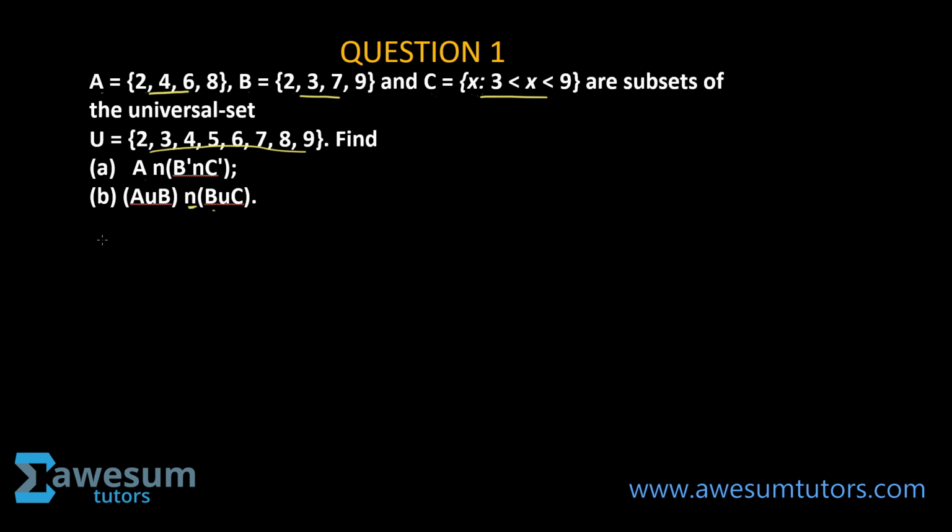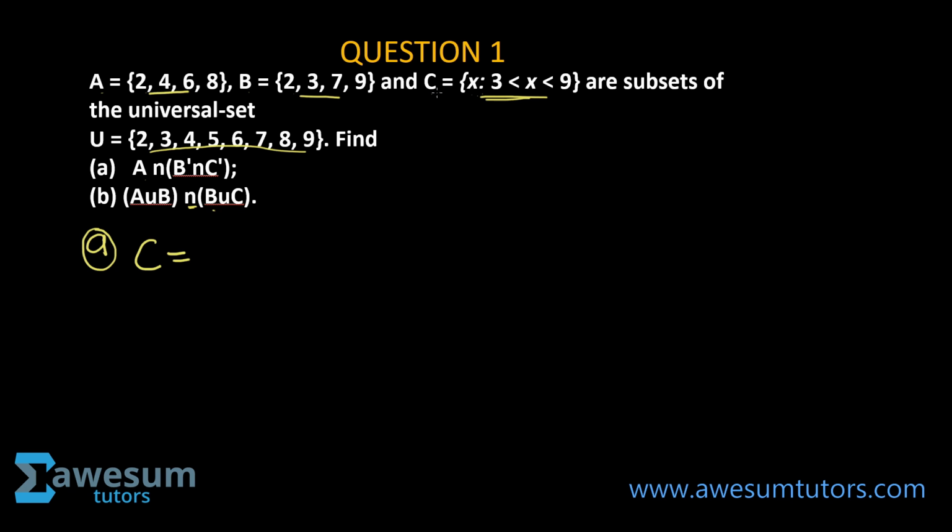Now for you to be able to solve this question, you need to first of all list out the elements of set C. So how do we interpret this algebraic expression right here?